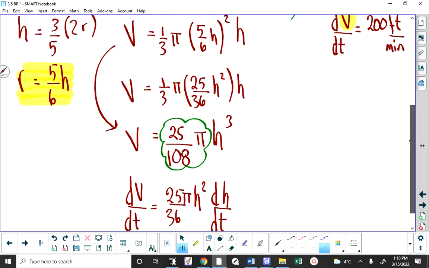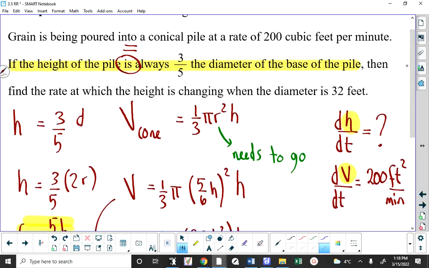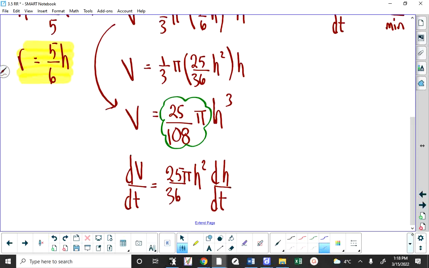So what's the when here? The when is when the diameter is 32 feet. Well, we don't have diameter in here. We have height. But I can use this to find the radius. I can use this to find the radius and just say the radius is 16 feet.